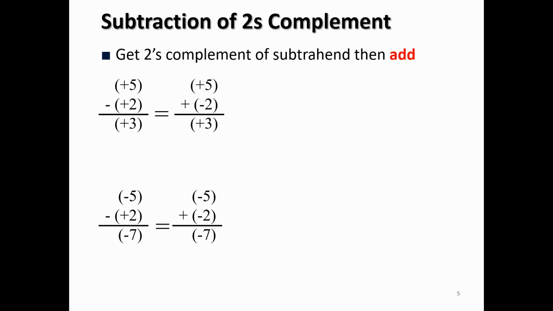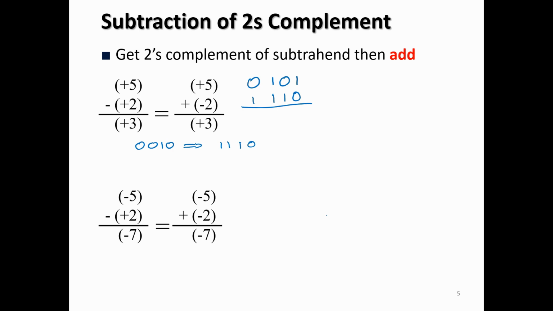So if we follow that, we have 0101, and then we get the two's complement of the 2. Let me do it here on the side. I have a positive 2, 0010, and then the two's complement will be 1110.